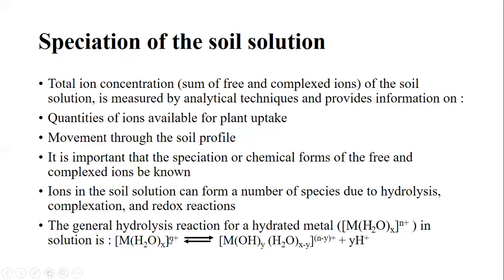We started with N and subtracted the number of OHs, each one having a negative charge. Remember, we put this in parentheses and put the positive charge for this new number, N minus Y.